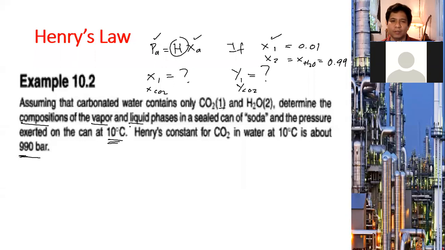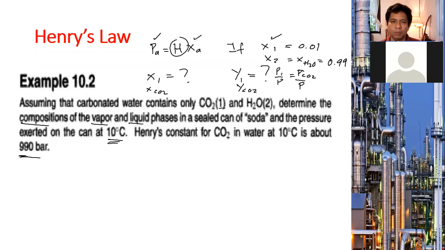Yung y1, hanapin natin. So, basically, in order to find y1, this is basically equal to P1 divided by P. So, P1, this is PA, or PCO2. PCO2 lang yan, divided by the total pressure.